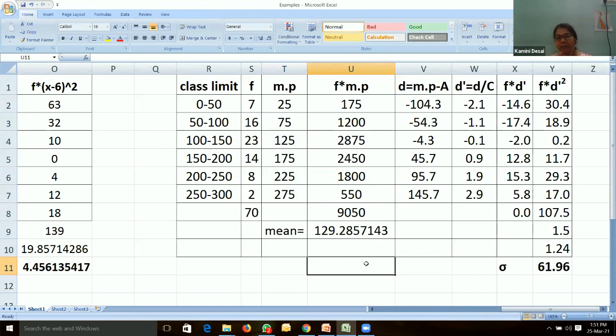So multiply that f column and into midpoint, and calculate the sum of this frequency. The second column f, we have to take its sum.